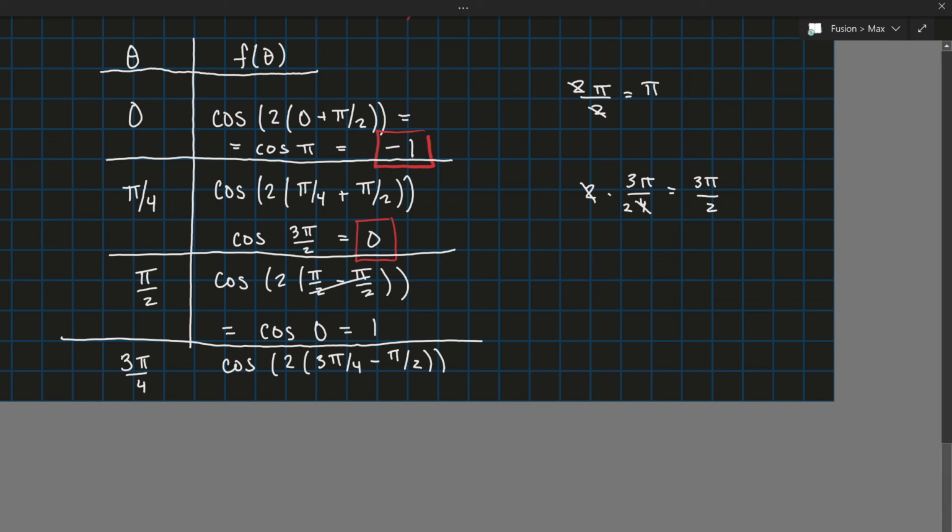It's 3 pi over 4 minus pi over 2. Let's break it down. Pi over 2 is the same as 2 pi over 4.